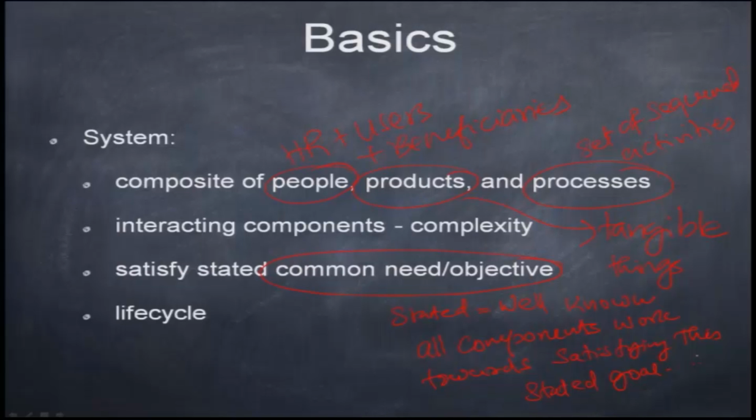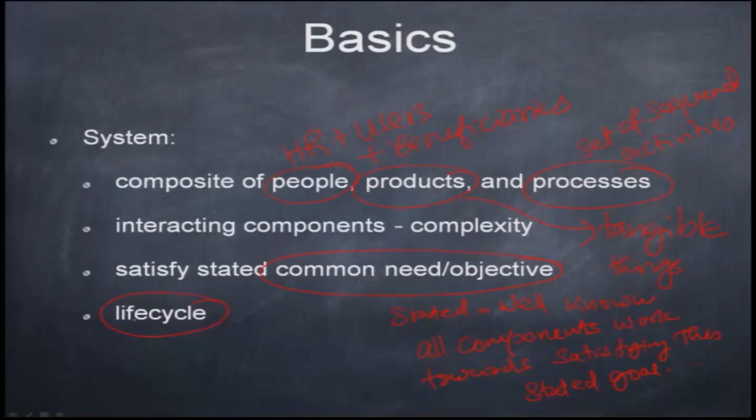The other aspect that comes out of this is a term called life cycle. People use life cycle in the sense of the life cycle of a product or a system or a human being. Here, what we talk about as life cycle is the end to end, from design to production to usage to redesign.